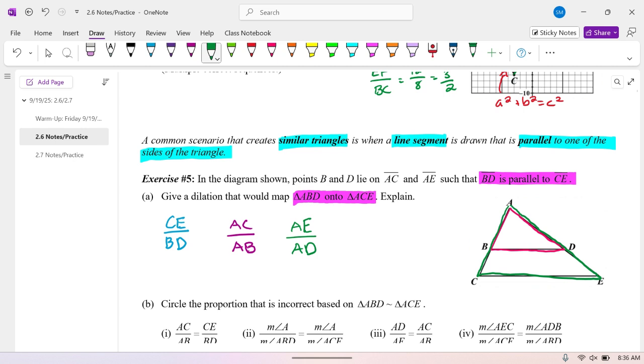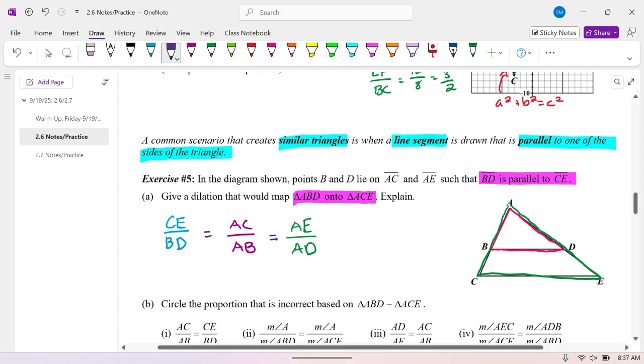So the scale factor we get from the proportions: if it has the same scale factor, then the proportions are congruent or equal. So the proportions have to be equal to each other.